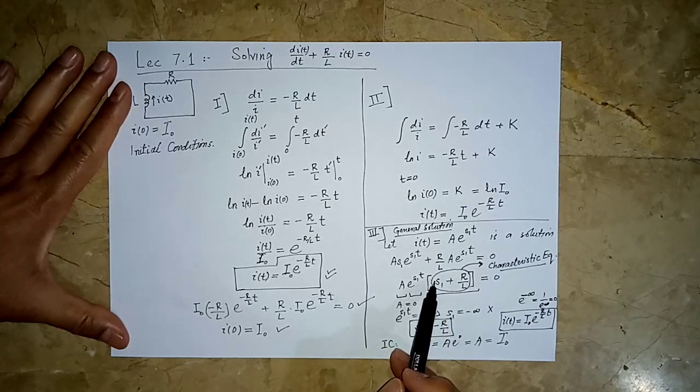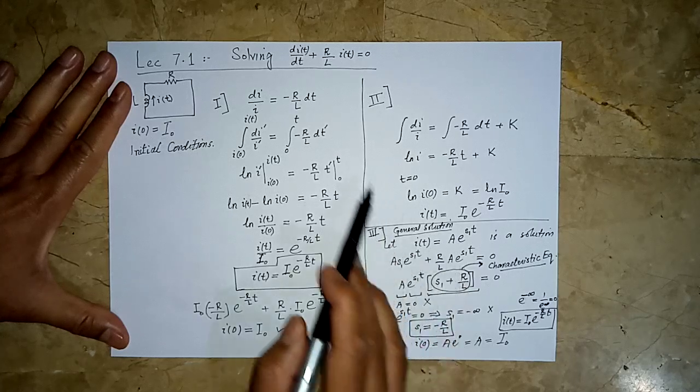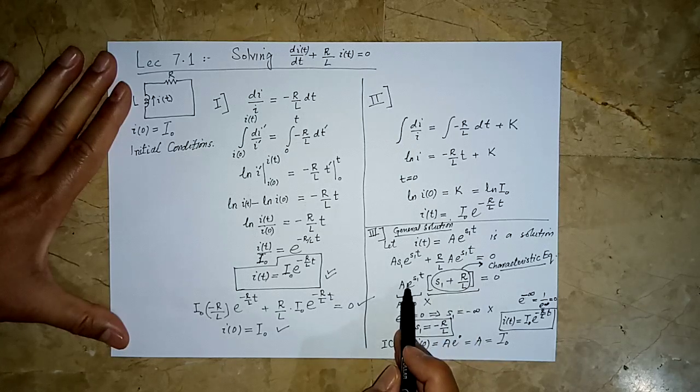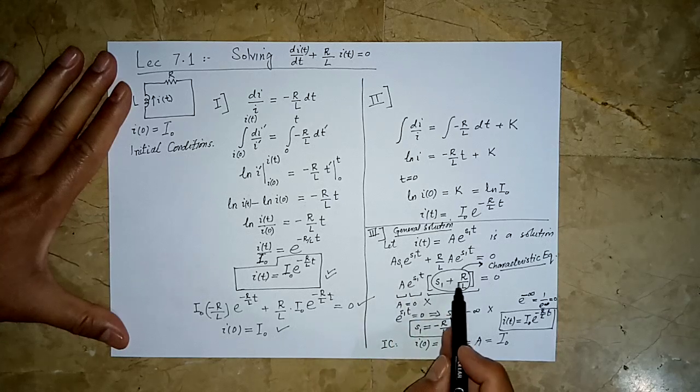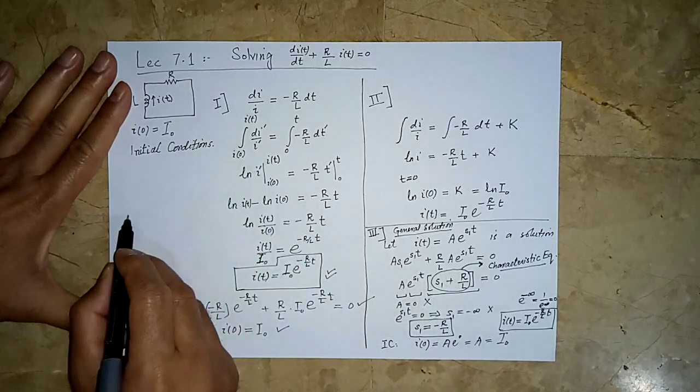So the derivative is replaced by s, or you can say the first derivative is replaced by s to the power 1, and the original form i, that is not a derivative, is replaced by s to the power 0. Actually, if there were a second derivative, we would have replaced it with s squared. So we are going to get this characteristic equation directly from the differential equation.